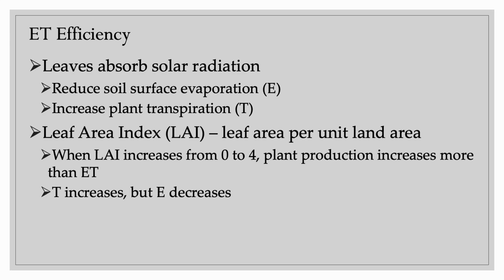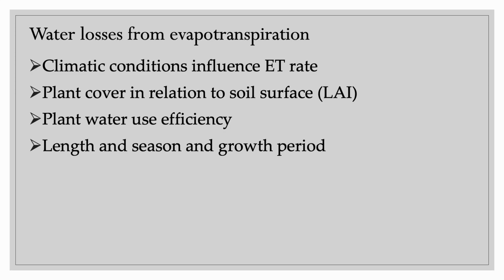If you were to put your hand over your mouse pad and that was a leaf, and put another leaf over the top of that, then your leaf area index would increase. And again, we're going to have some trade-off with evaporation and transpiration.